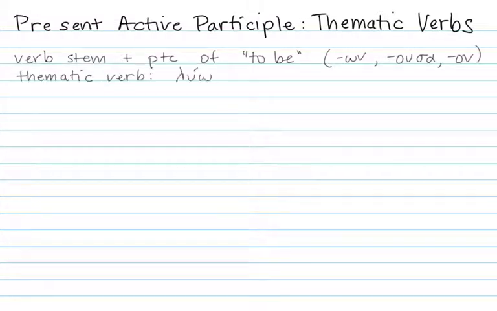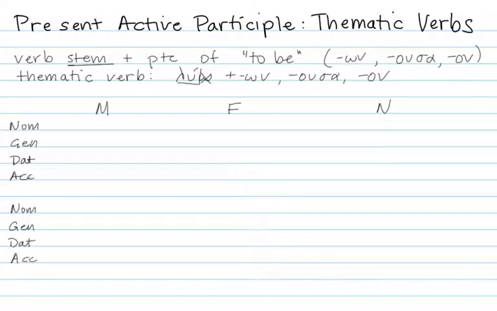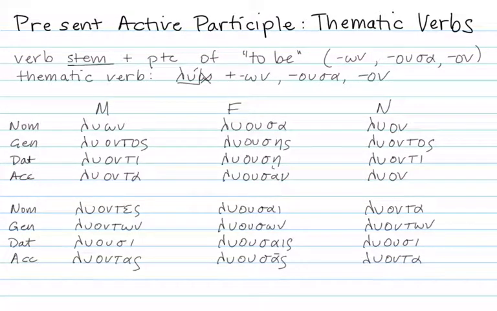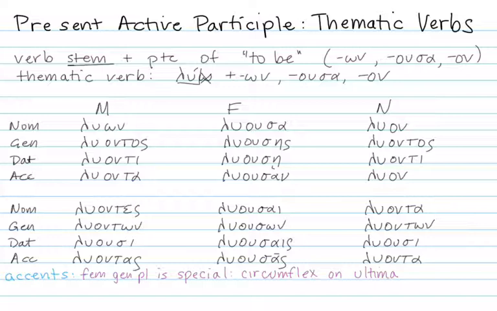So in our sample thematic verb, luo, the stem is lu-, and then we add on, ousa, on. So let me write out the stem everywhere, and then add our forms of the present active participle of to be, and then we apply some accent rules. So don't forget the feminine genitive plural is special.